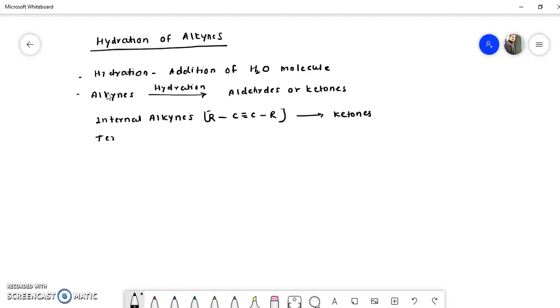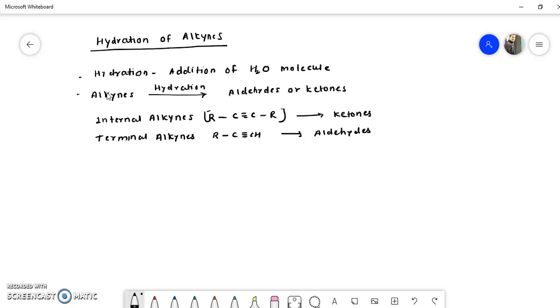And terminal alkynes, that means if the triple bond is at the end, such kind of alkynes give aldehydes on hydration. Okay, so this reaction is known as hydration of alkynes.